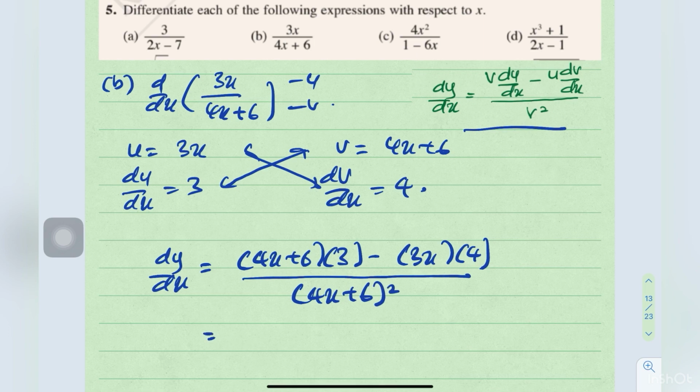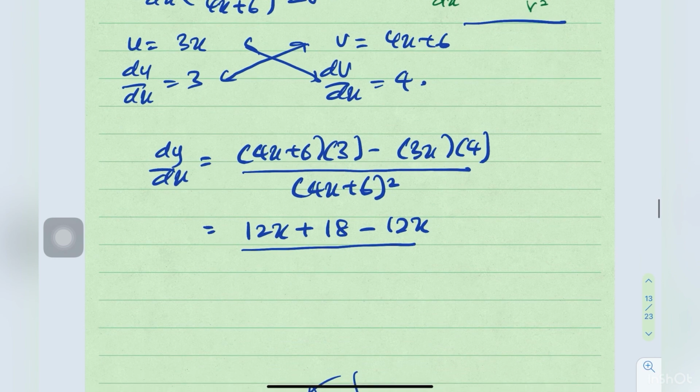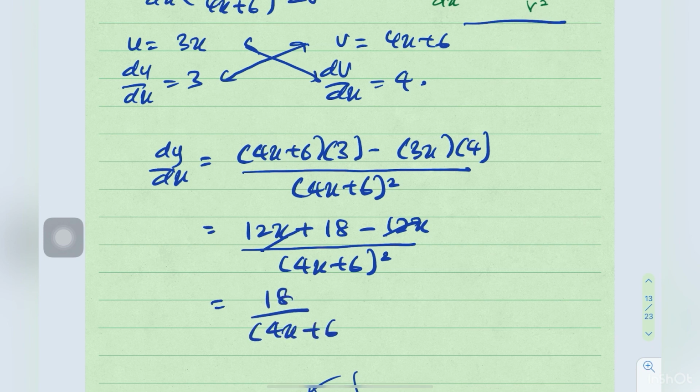Okay, this one we expand, we get 12x plus 18 minus 12x over (4x plus 6) squared. So this one we can simplify, become 18 over (4x plus 6) squared.